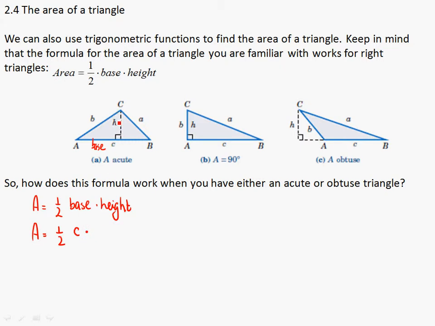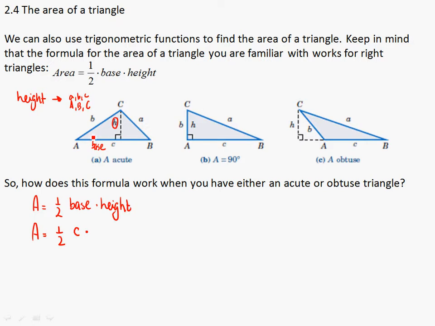Well, the height is over here, right? But can I express the height in terms of the parts of the triangle that we have? Can we express the height either with A's, B's, and C's, or the angles that are related to it?